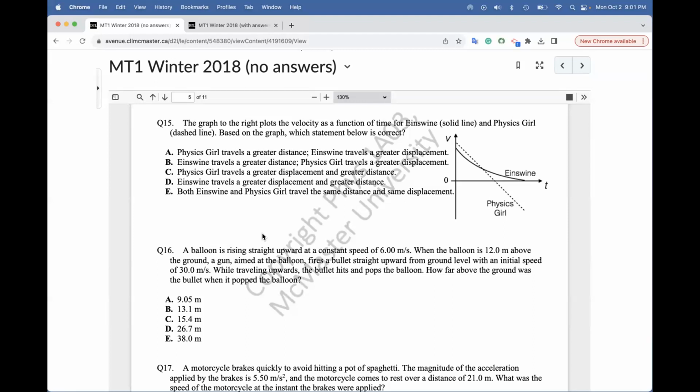And then when you use the quadratic equation, the positive value of t comes out to be 0.5653. So when you plug that into the original equation, the height will be equal to 12 plus 6 multiplied by 0.5653, and that turns out to be 15.4 meters.